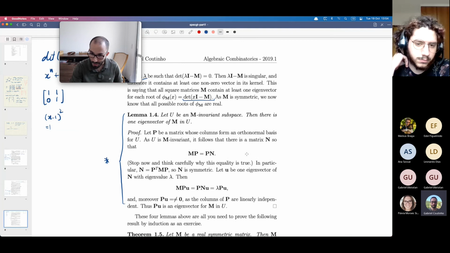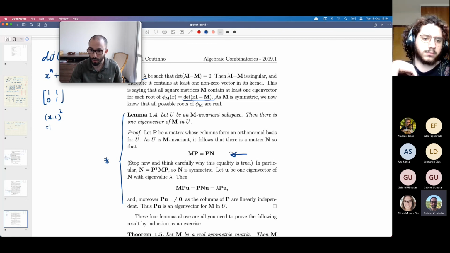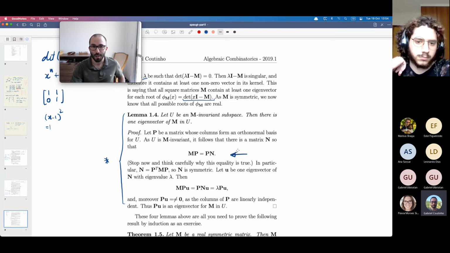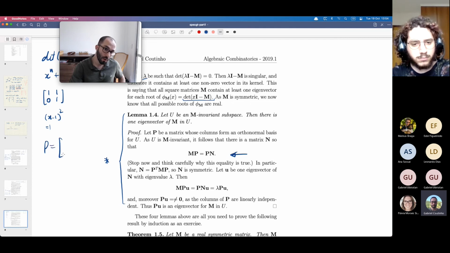Okay, so now this is the most important moment of today's lecture. This trick will be repeatedly used across this course. So really make sure to understand what's going on here. I have P, with columns P1, let's say all the way up to Pm.